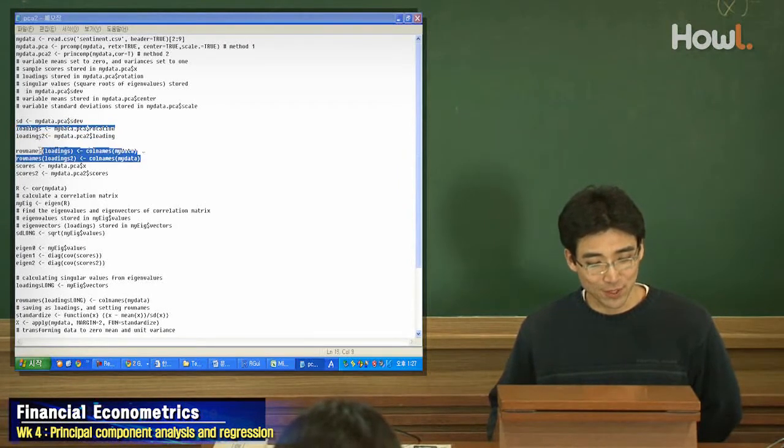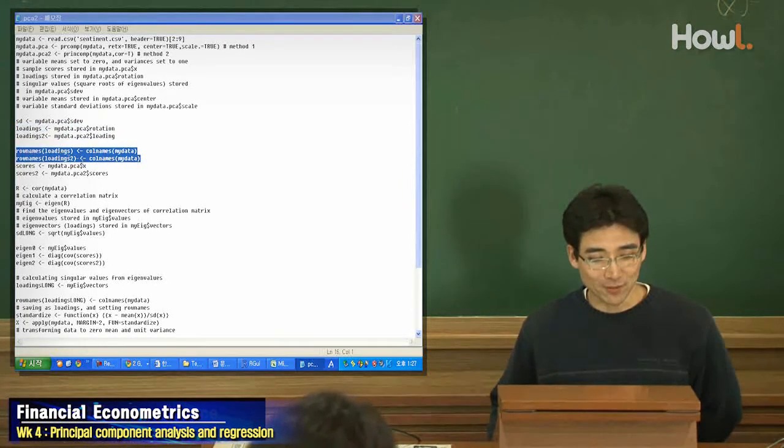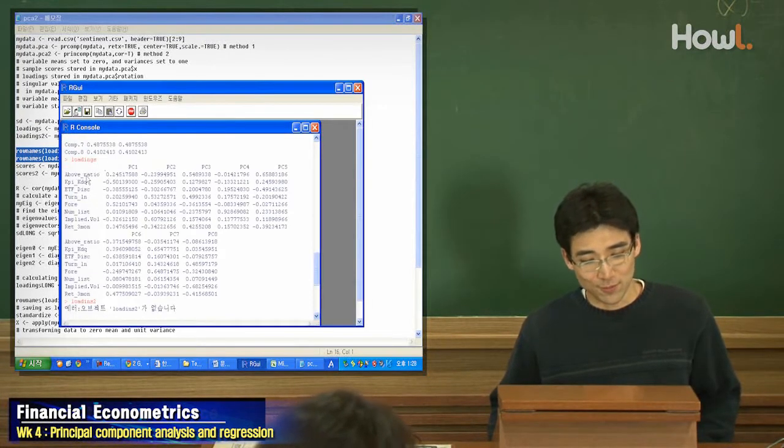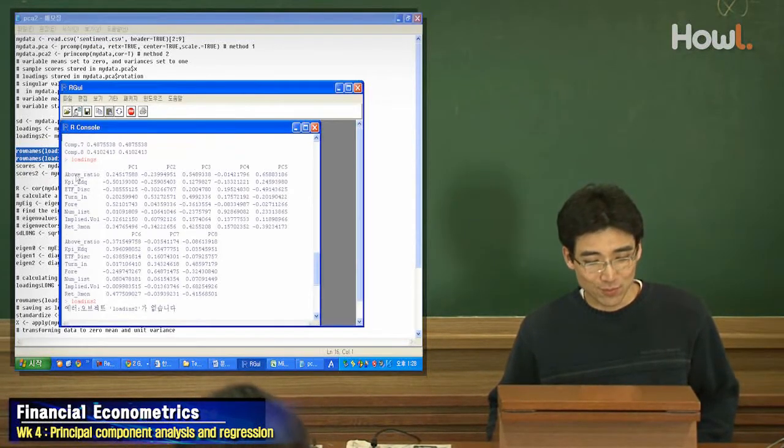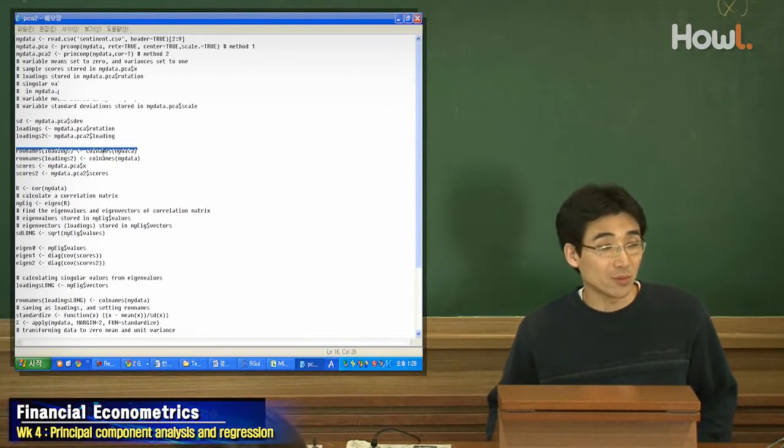And then, okay, I define row names from this column name. So basically what I did is, it is like 1, 2, 3, 4, 5 before I do this. So I name each row following the column name of my data.